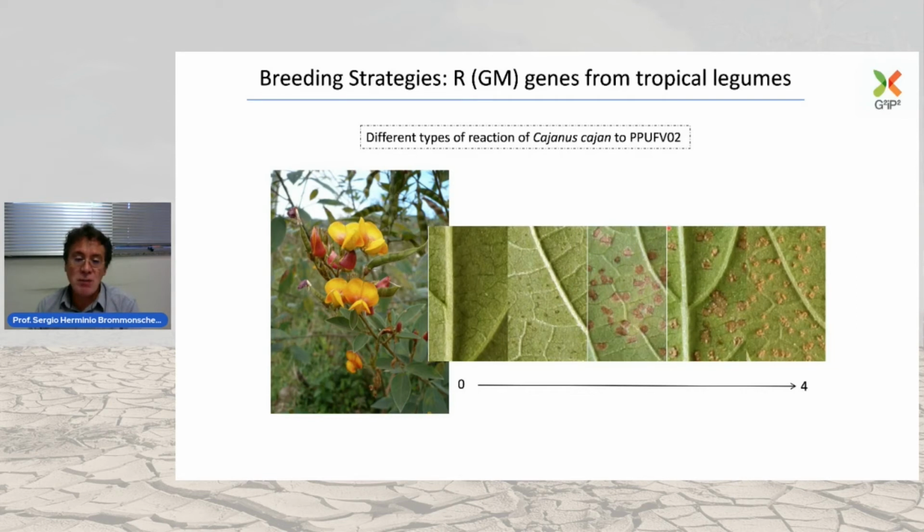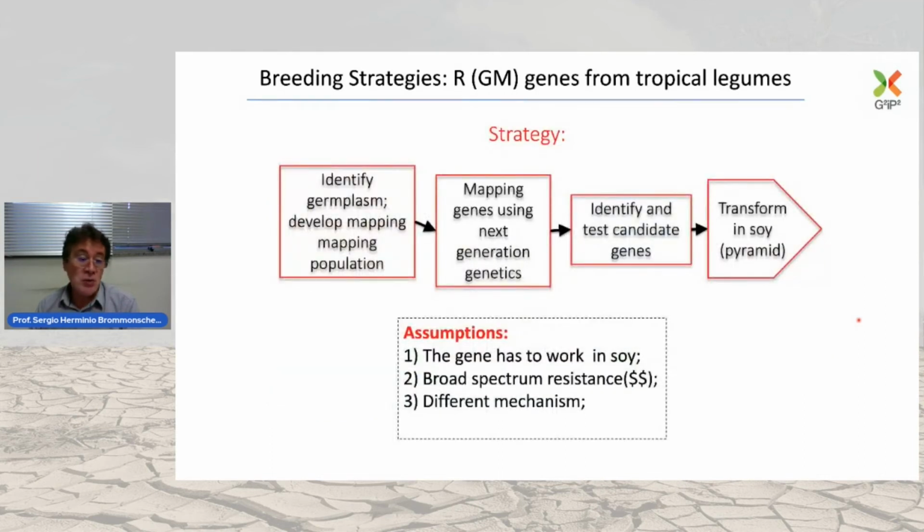If the resistance is polygenic, it's very difficult to transfer by transformation to cultivated soybean. Okay, so we were able to find some immune genotype, some very susceptible genotype. By crossing these two genotypes, we were able to find a genotype with a single disease-resistance gene.